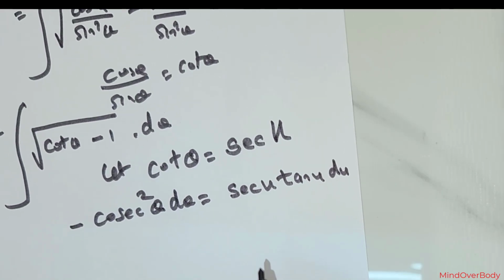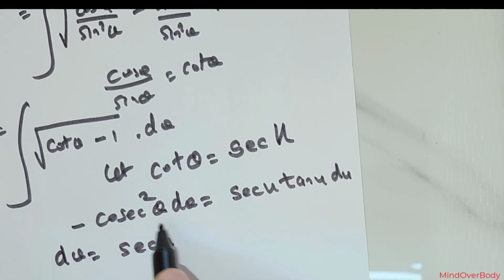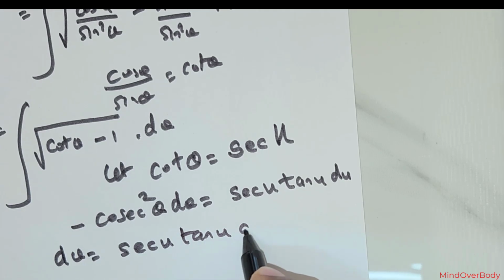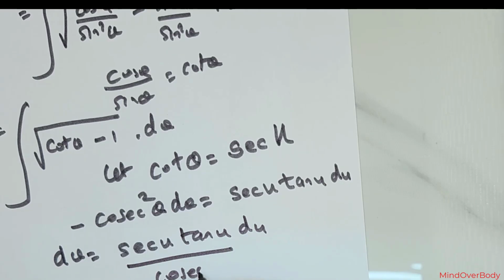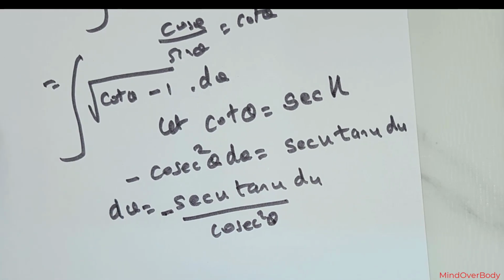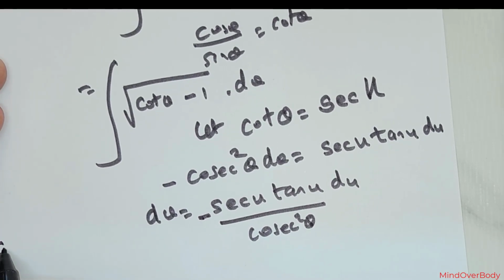Fair enough. Now I will keep d theta here and I will push cosecant squared theta below. So d theta is negative secant u tan u times du divided by cosecant squared theta. Now there is a formula. What is the formula?